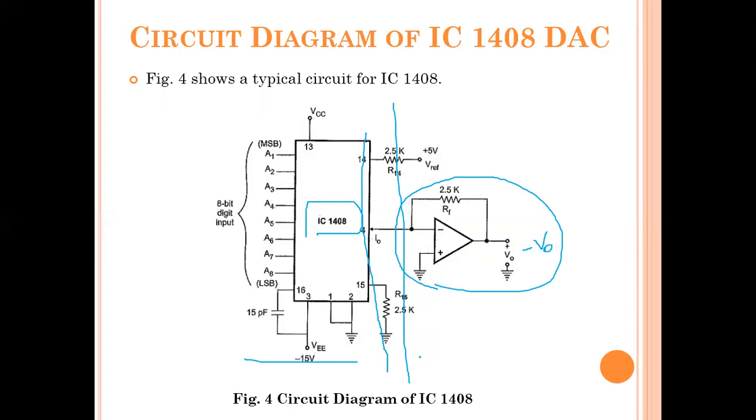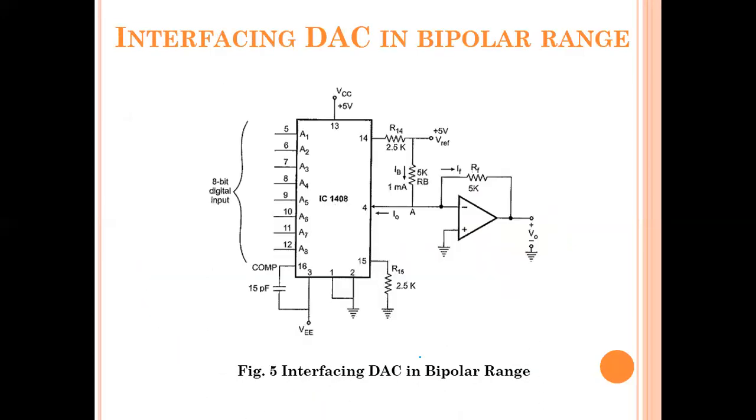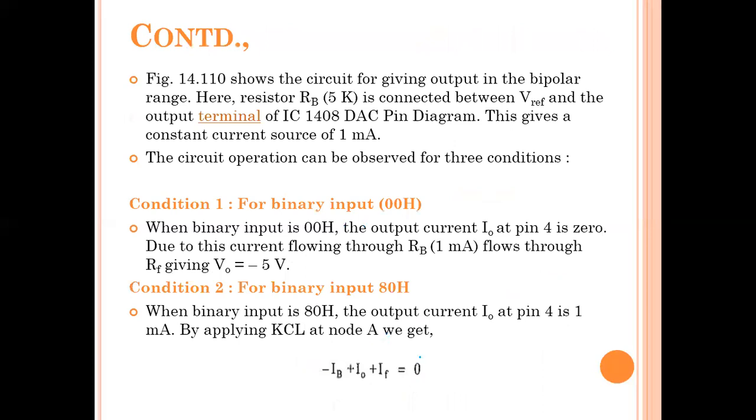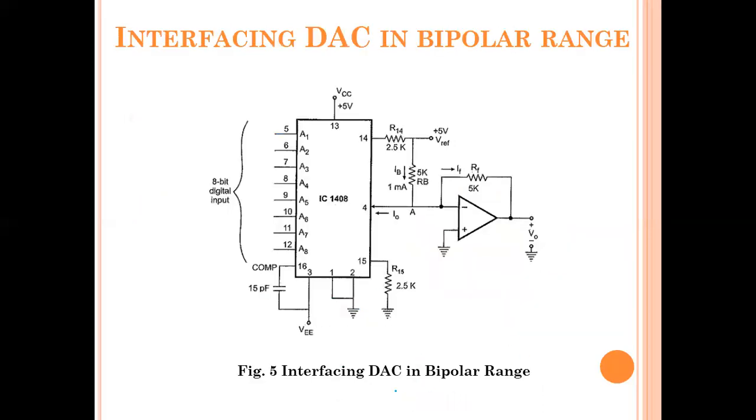If we require a dual range, that means both positive as well as negative currents, then we will go for interfacing the D2A converter in bipolar range. If you compare both circuits, you will see an additional connection between the 4th pin and the 14th pin.